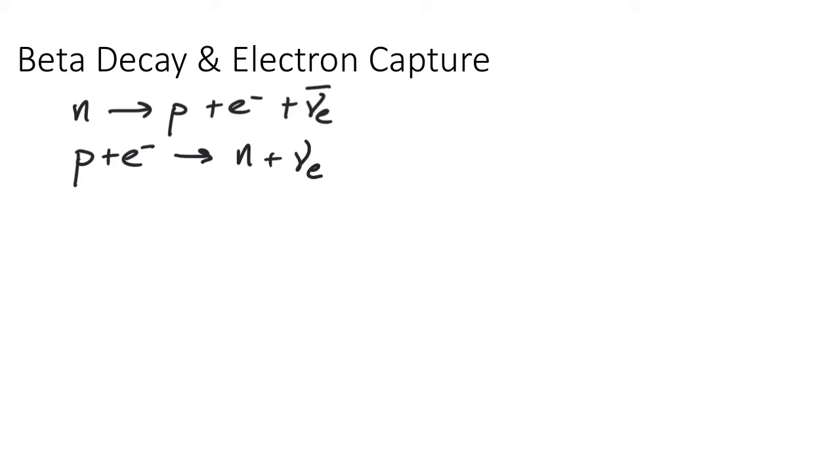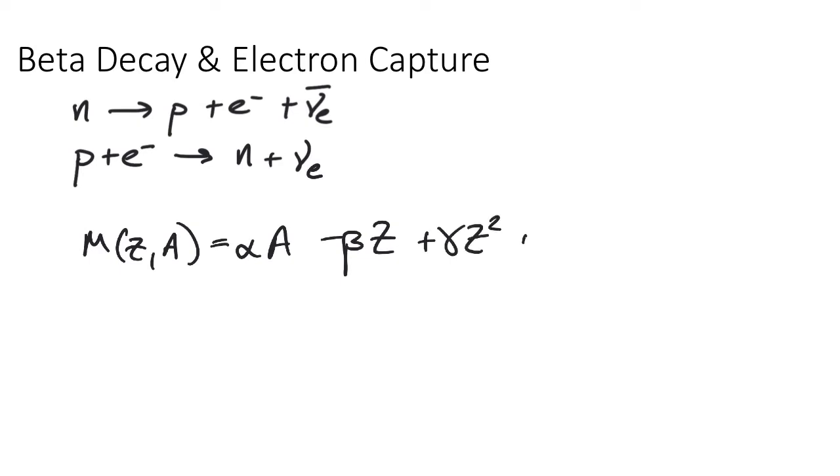So if we rearrange terms in the semi-empirical mass formula, we can say that the mass for some Z and A is alpha times A minus beta times Z plus gamma times Z squared plus delta times 1 over the square root of A. I'll tell you what the alpha, beta, gamma, and delta terms are in a second.